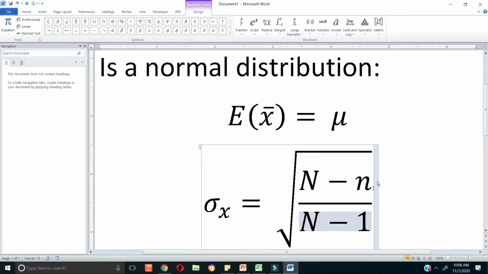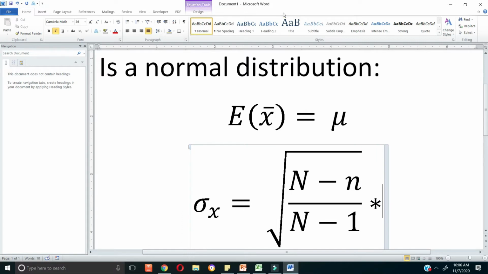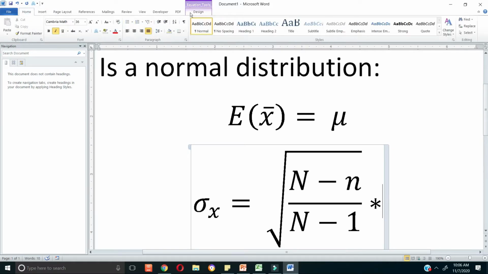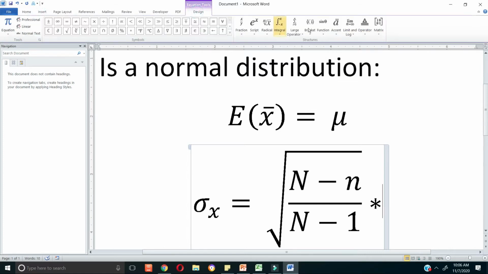Then you're going to multiply this by sigma over root n.